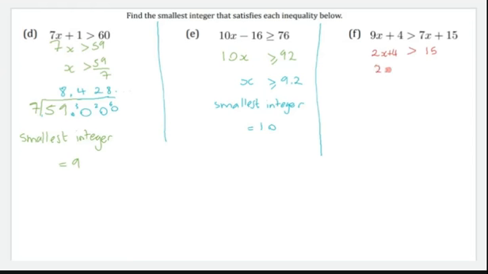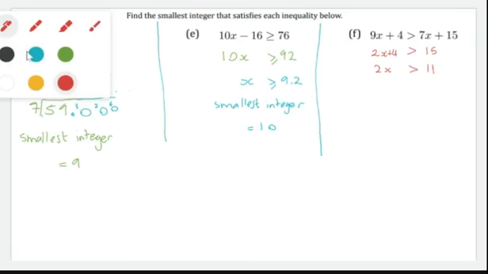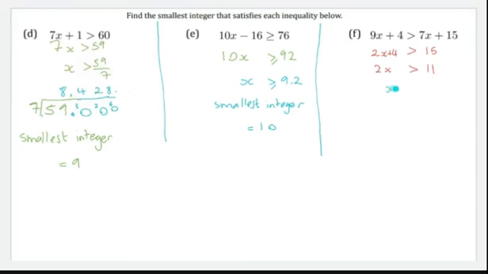So that's 2x is greater than 11. So divided by 2, that's 5.5. x is greater than 5.5. So the smallest integer will be 6. Lovely. Smallest integer equals 6.